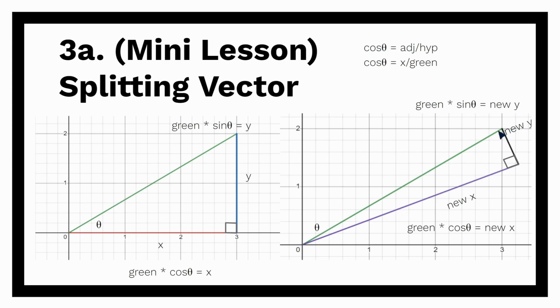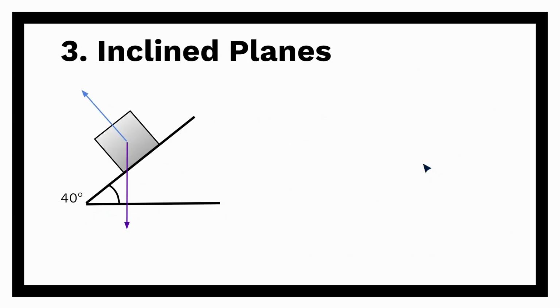So it's not 3, 2 anymore. It's some distance and some distance, right? New x and new y. But why on earth would I change what x and y are? Well, I would change it so that I can have some force that this will cancel out with.